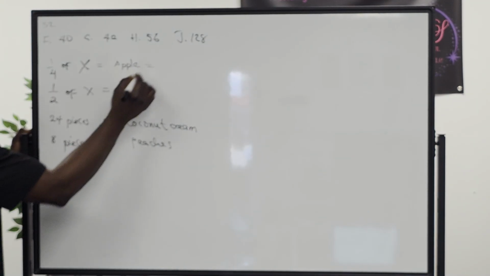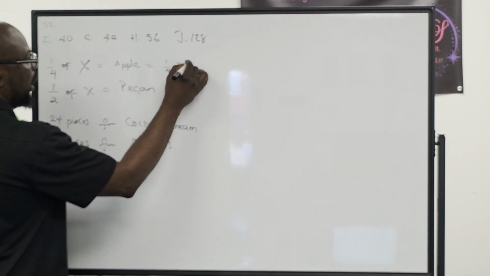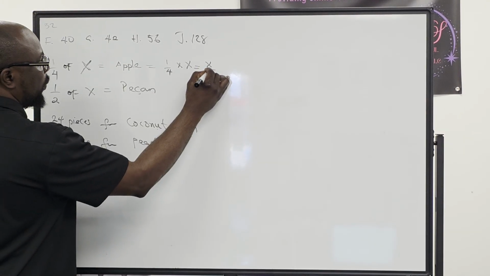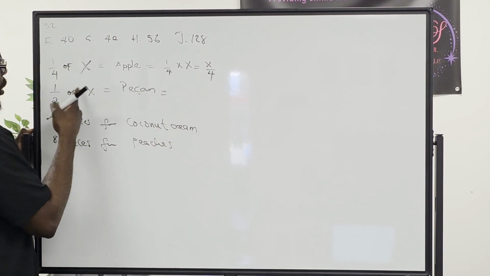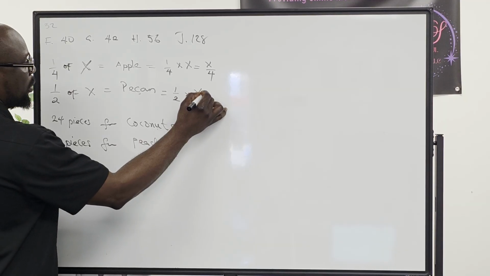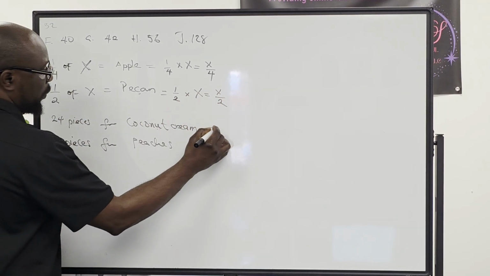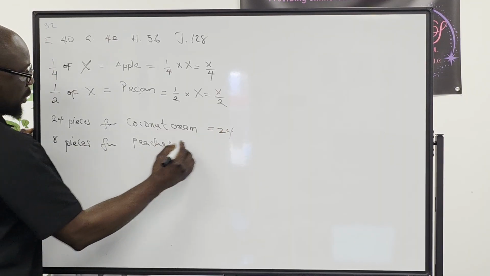The amount of apple is going to be 1/4 times x, which is x/4. The total of pecan is 1/2 times x, which is x/2. And then this one is 24, and this one is 8.